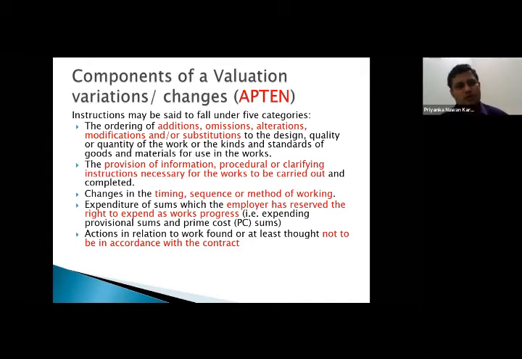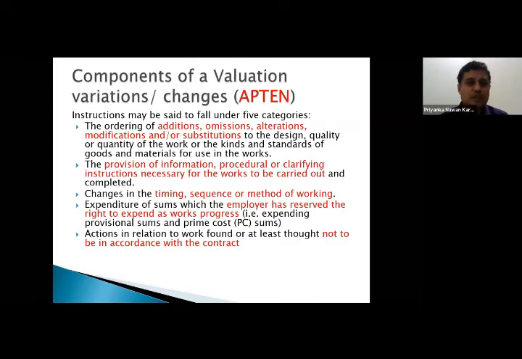Number one, we all know the ordering of additions, omissions. The first letter addition A represents the A of APTEN. Additions, omissions, alterations, modifications, and or substitutions to the design, quality or quantity of the works, or the kinds and standards of goods and materials for use in the work. These additions or omissions, substitutions will not only be applicable to the works, it can be applicable to the materials also.